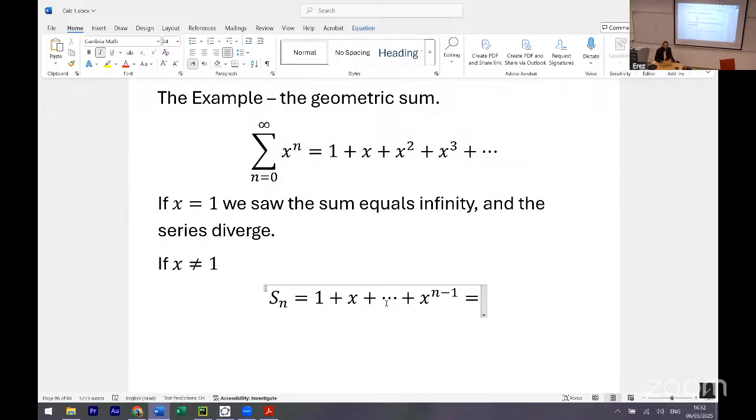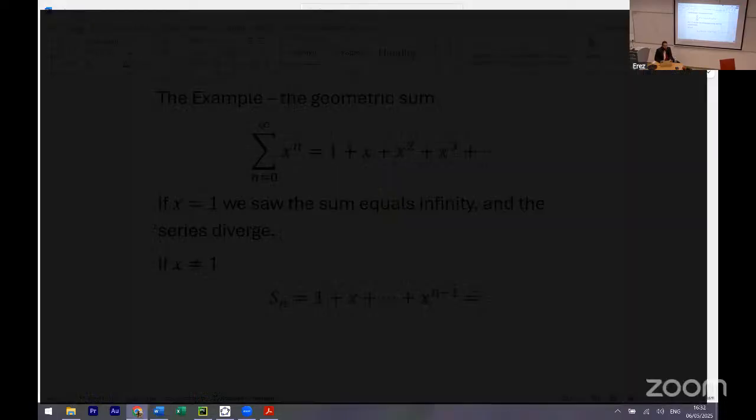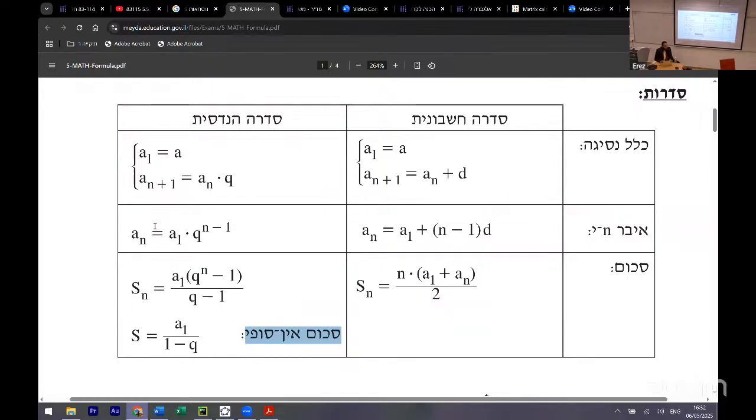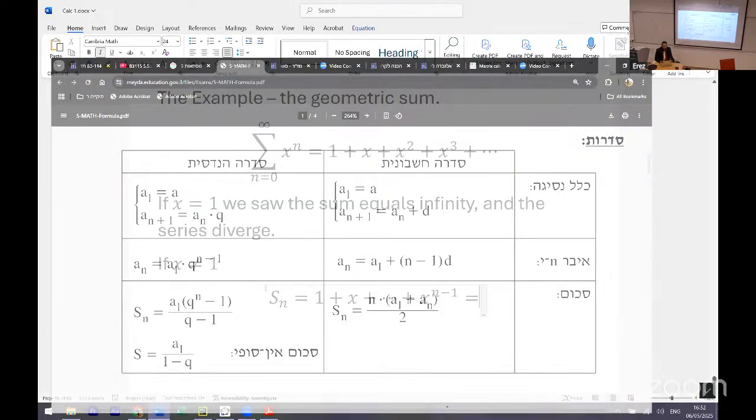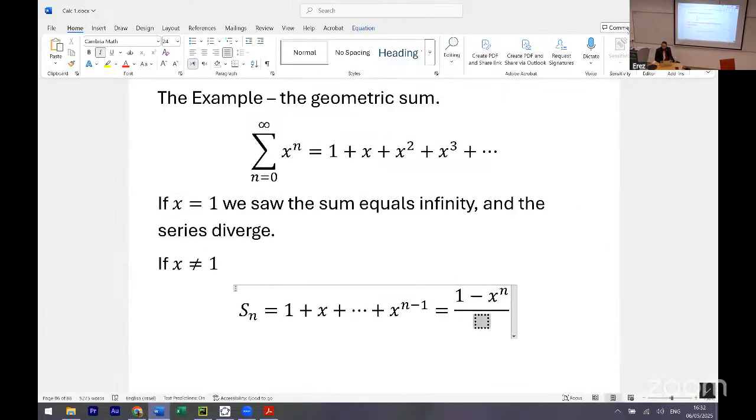What is the sum of these elements? Do any of you remember by chance? It's one over, one minus x, basically. Okay, that's the sum of the geometrical sequence, and it is equal to 1 minus x to the n over 1 minus x.